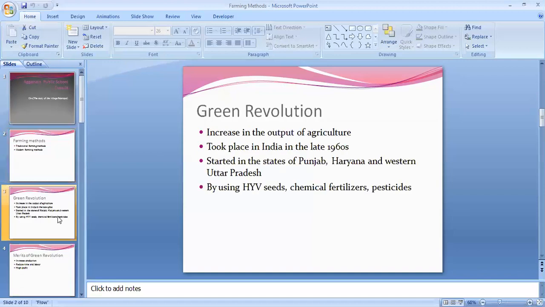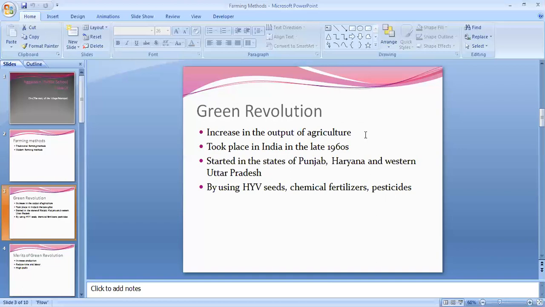Now we are discussing the Green Revolution. Green Revolution means when the farmers started the modern farming method, when the farmers started to use HYV seeds, chemical fertilizers, and pesticides, that results in an increase in the production, an increase in the output of agriculture.